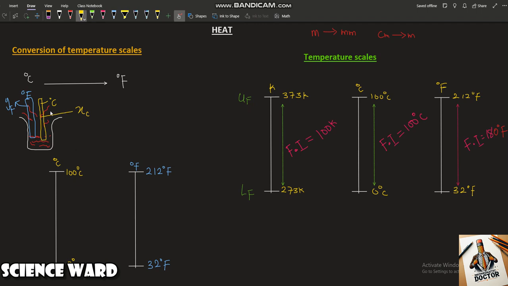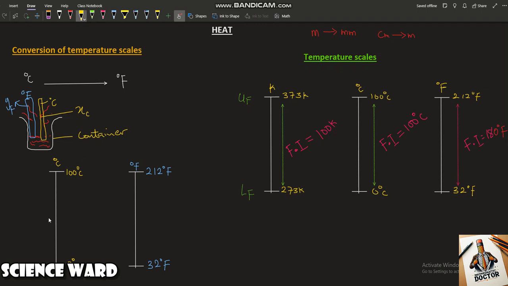Now you'll notice that when we put the thermometer, which is graduated in Celsius, in the container, the reading we obtain from the boiling or warm content in the container is Xc.